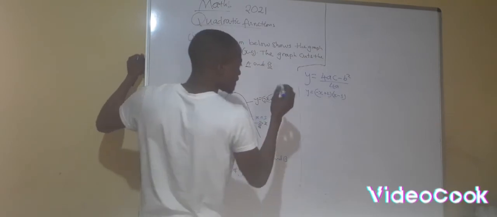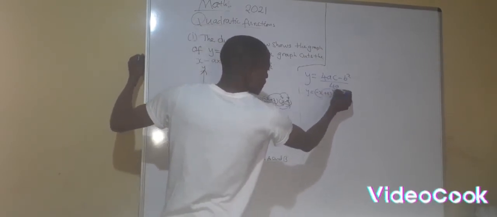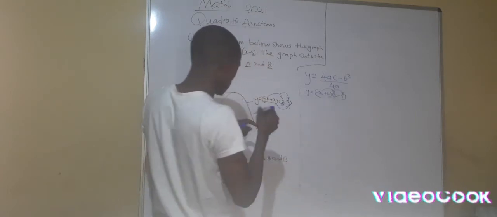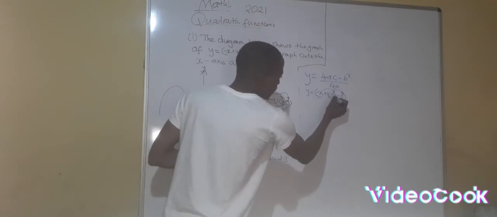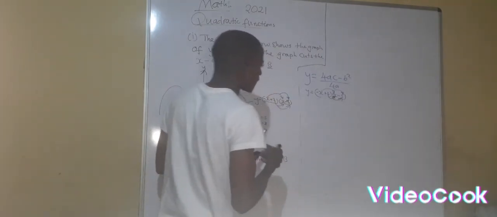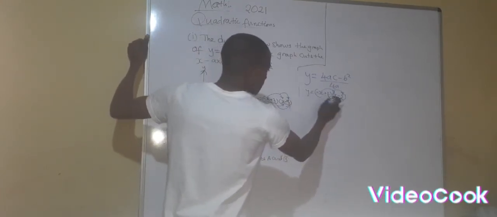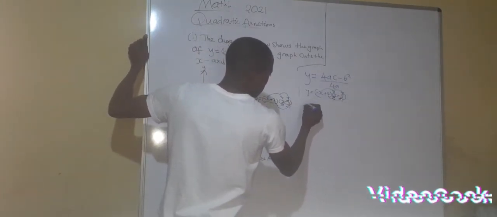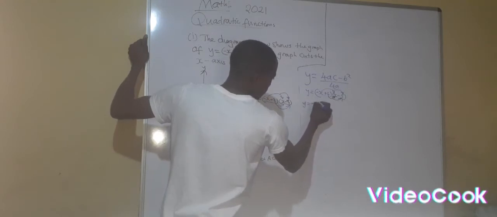So when expanding, x is multiplying with all the elements in the next bracket, then also 2 should multiply with all the elements there. This becomes negative x times x, which is negative x squared. So y equals negative x squared.